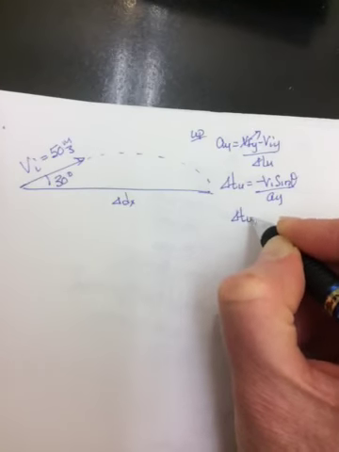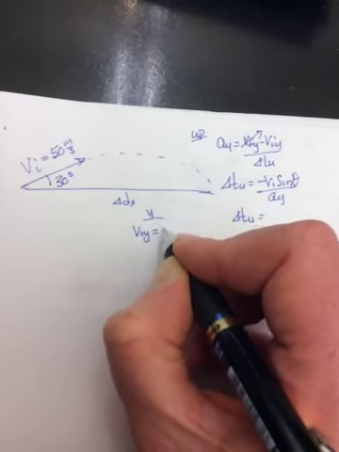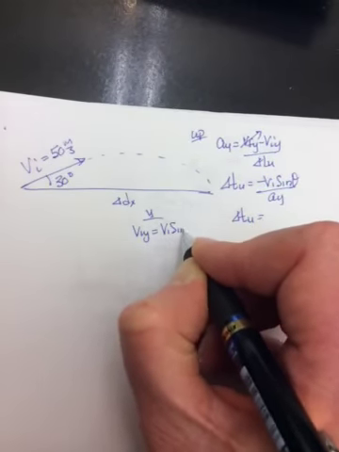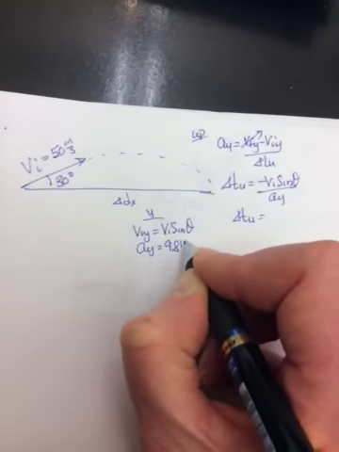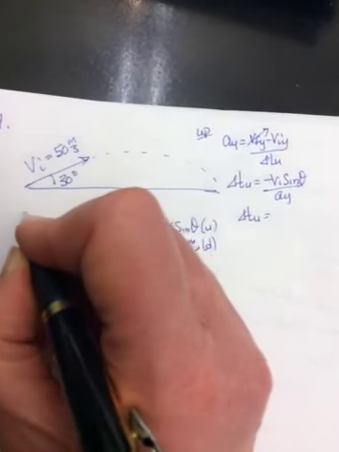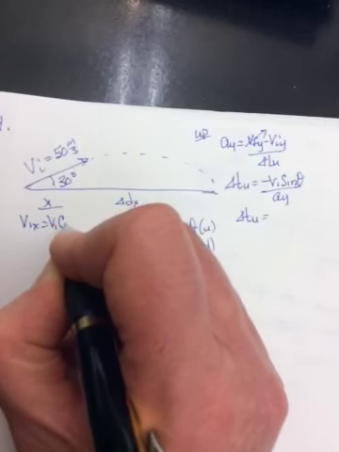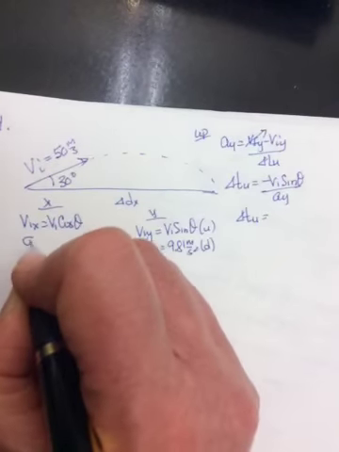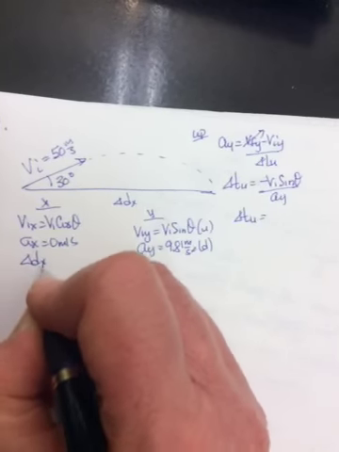I know I didn't write my stuff down, so VIY is equal to VI sine theta, AY is equal to 9.81 meters per second squared, down, and then X, VIX, VI cos theta, AX 0, and we're trying to solve for delta dx.